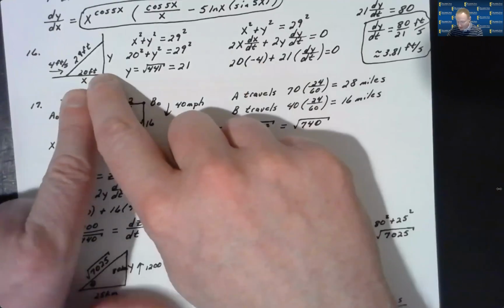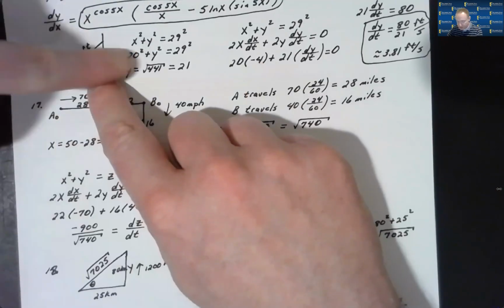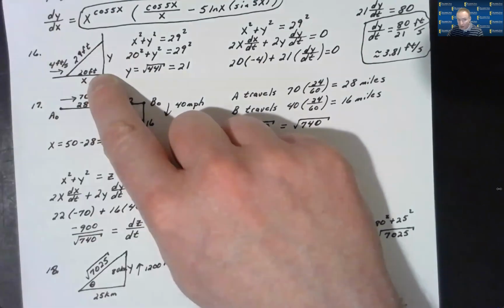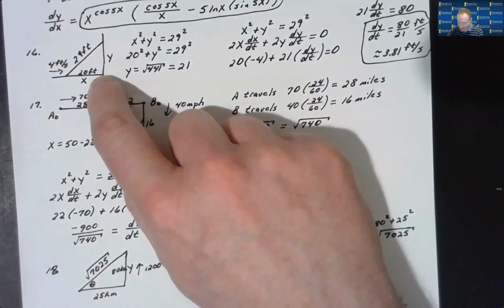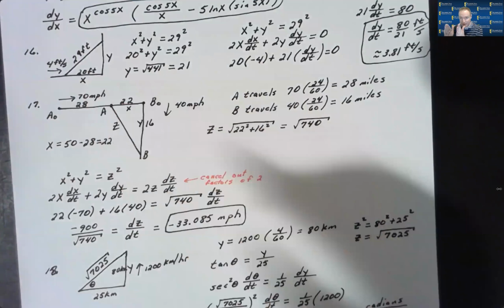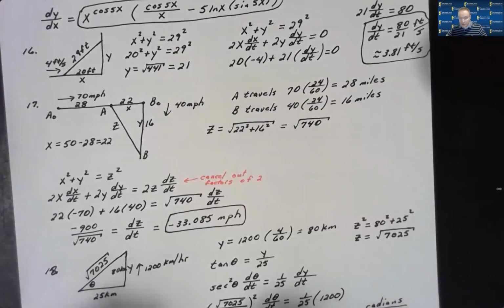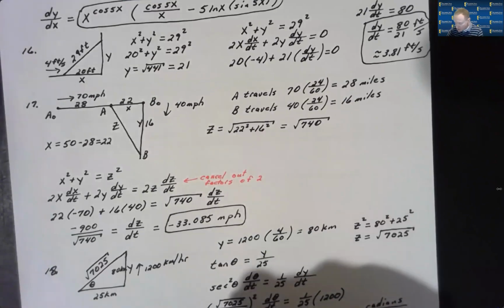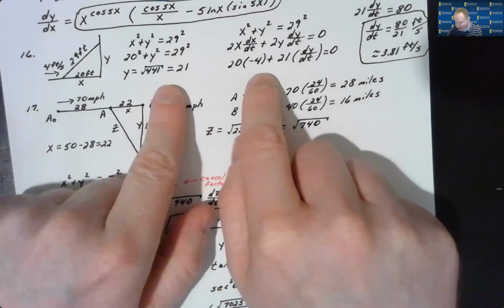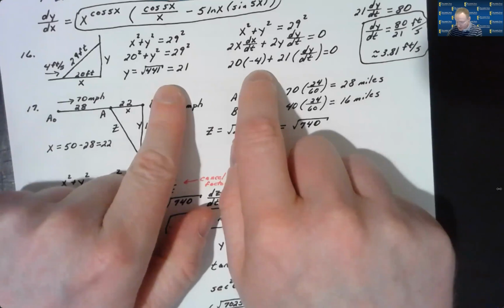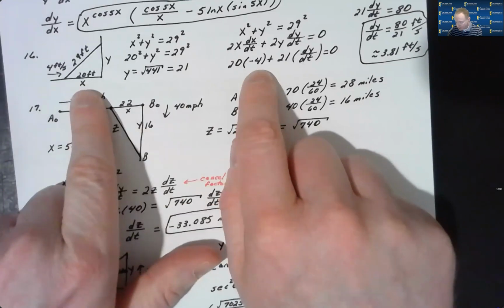As that ladder is being pushed towards the wall at a rate of 4 feet per second, we have to understand that that 20 feet length is decreasing at the point of interest. It's not going to increase in another second. It's going to go from 20 to 16 to 12, and on down until it's against the wall. So dx/dt has to be negative 4. It's decreasing in length by 4 feet per second.